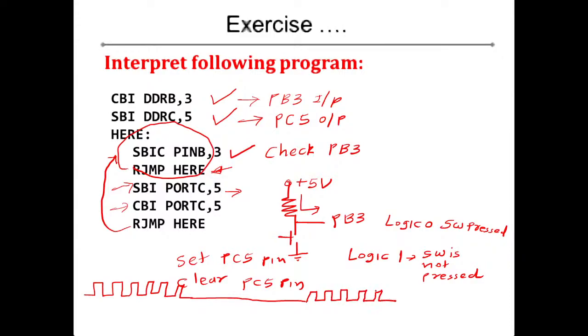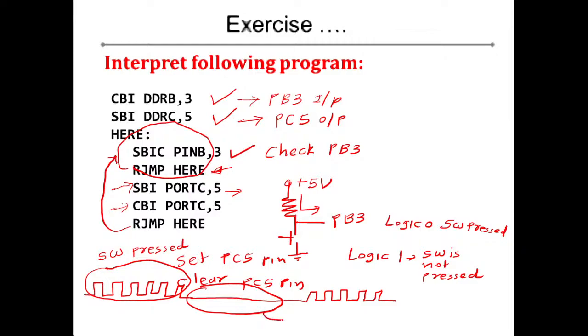So this is actually an event. During this period the switch is pressed, and during this period the switch is not pressed. This is the duration during which the switch is pressed, and your program is sensing the switch and producing the square wave at the output.